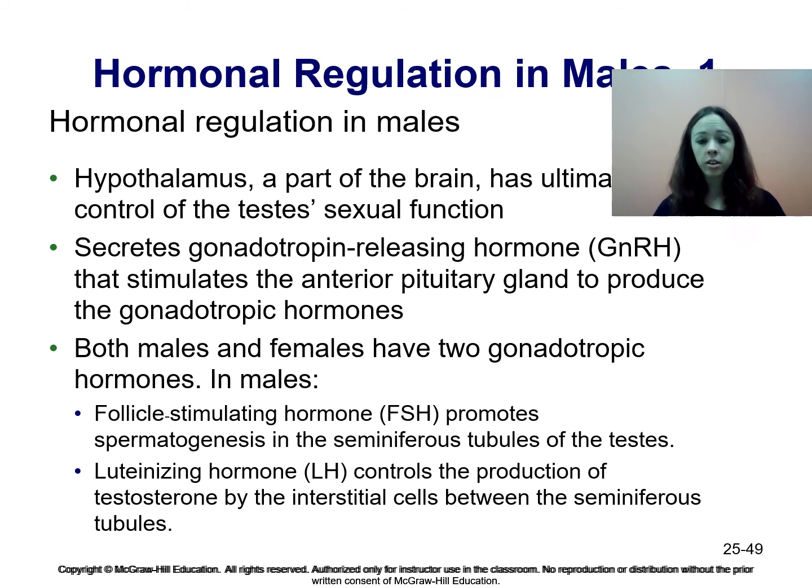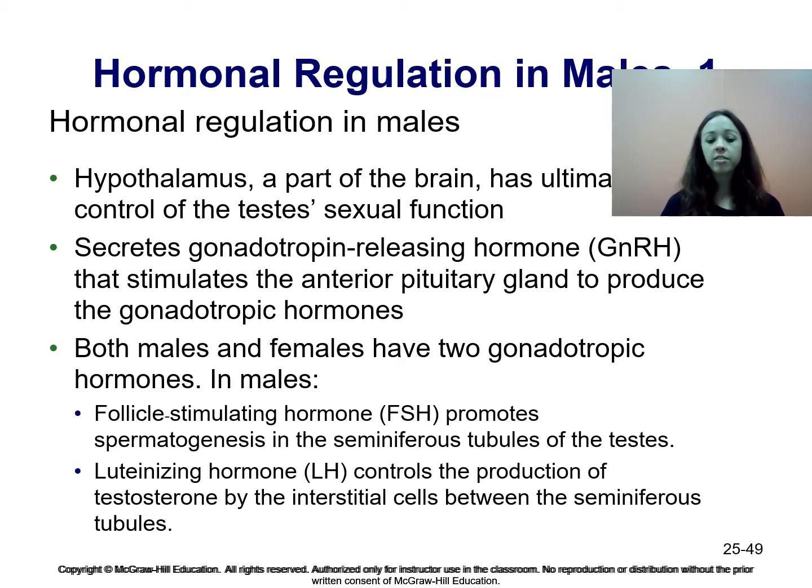Males also will produce hormones that help regulate sperm production and the sexual maturity of males. And the hypothalamus, which is a part of the brain, has ultimate control of the testes' sexual function. It secretes a gonadotropin-releasing hormone that helps stimulate the anterior pituitary, which is another part of the brain, to produce the gonadotropic hormones.